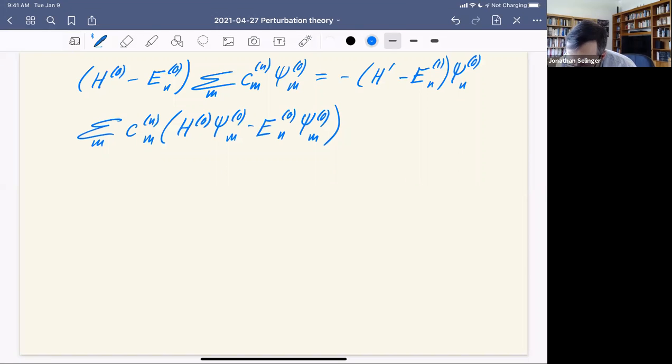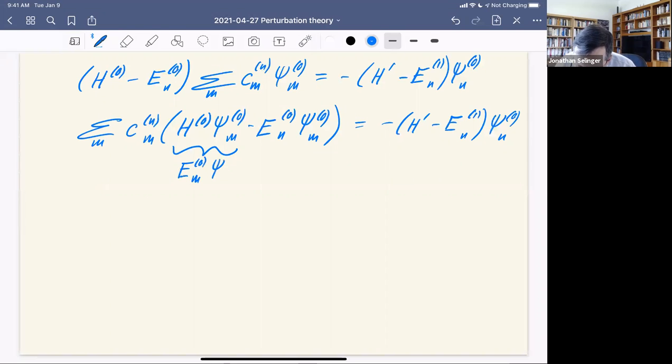And this equals the same thing on the right. Now we know what this is. We know that the old Hamiltonian H0 acting on the old psi 0m equals the old energy m times the old psi 0m.